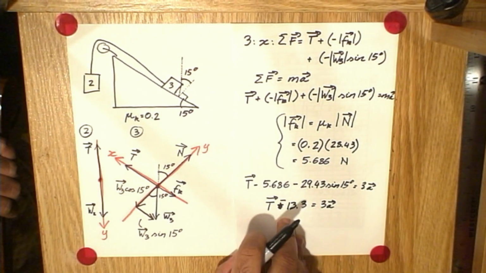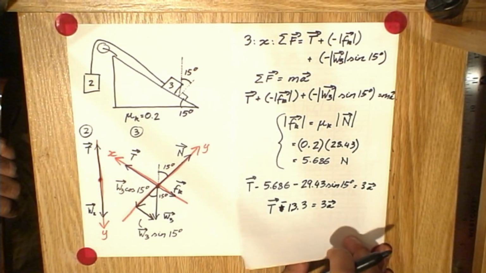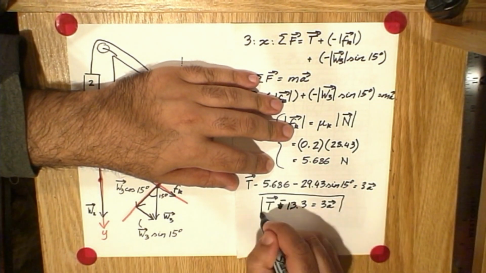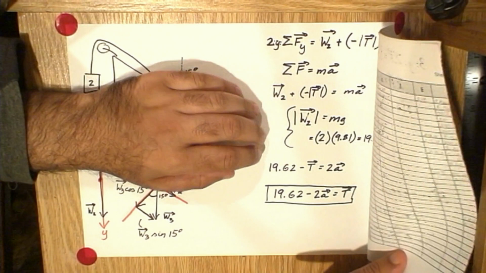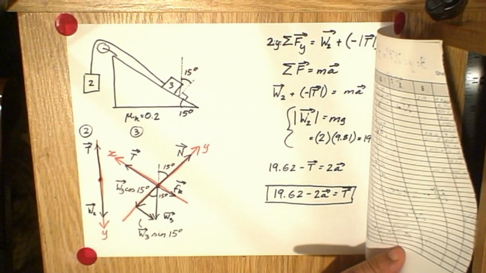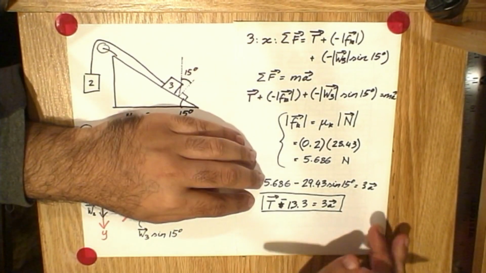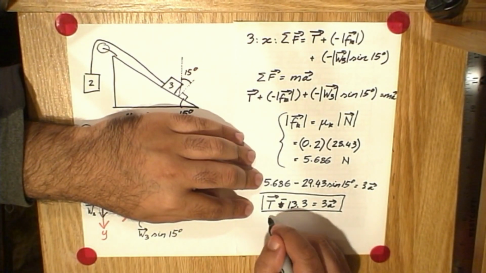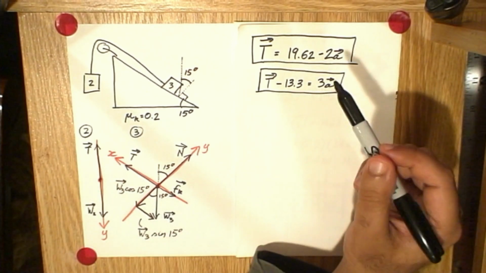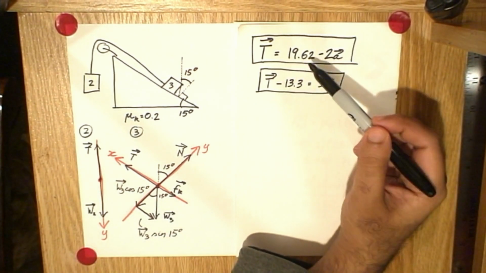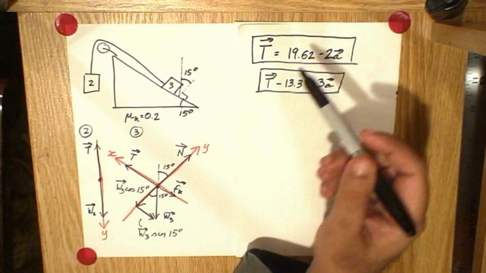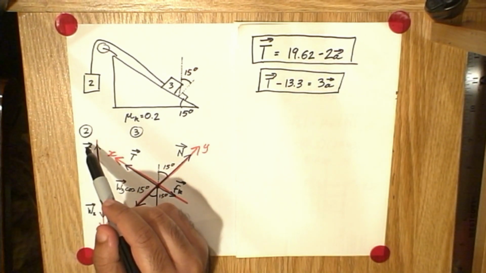But we saw earlier that there was another relationship between the tension and the acceleration that we had worked out. And that was that 19.62 minus 2a gives you the tension. So let's plug that in for the tension. So we have this equation, T equals 19.62 minus 2a, which we got from solving out the motion of the 2 kilogram object.